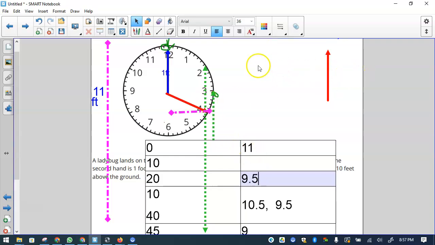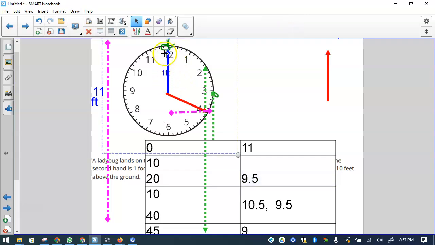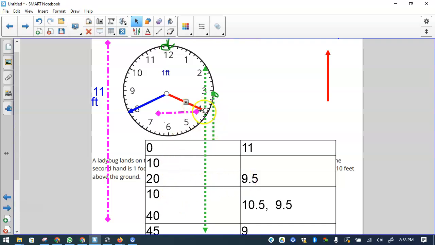So what you notice here is for 40 seconds, if this is 20 seconds and that is 40, they have the same height. See, this is the same height like this. So 40 and 20 are at 9.5. And the same thing if you see here, if it is 10 seconds, and even if it is 50 seconds, it goes back.